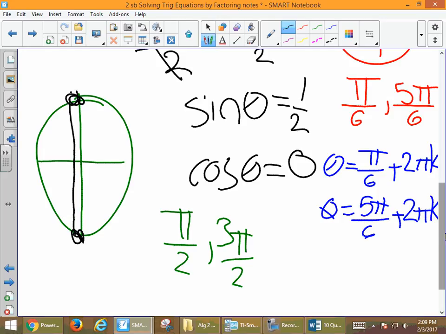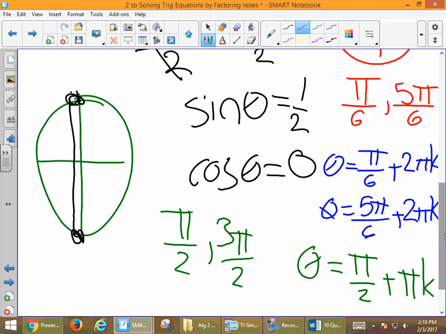You can draw a line, and if it were to go to the center on my drawing, we would get a line that is a diameter, and so we know that we need to add what to the end? Pi k. So we have theta equals pi over 2 plus pi k.